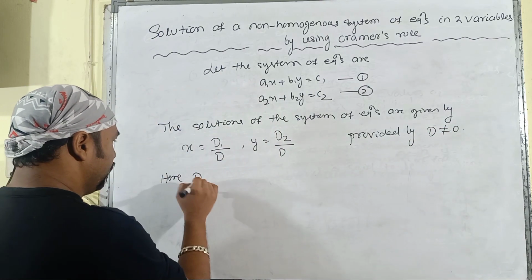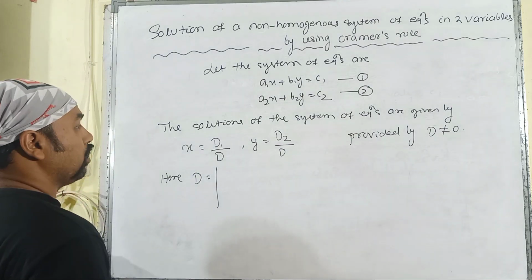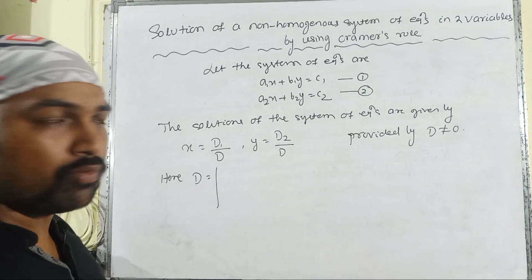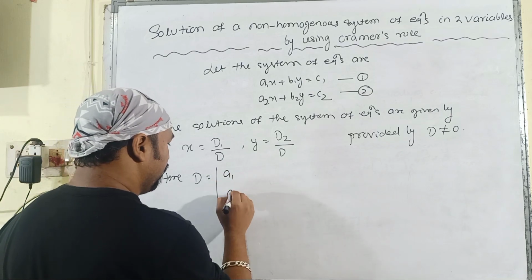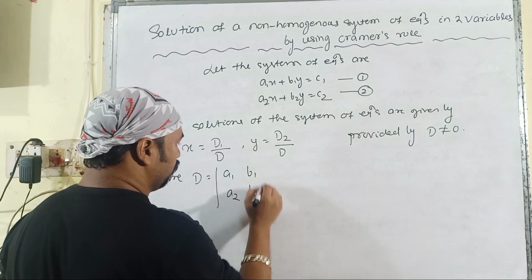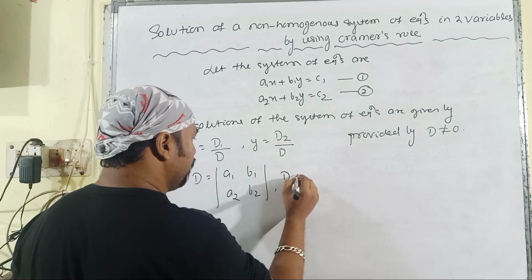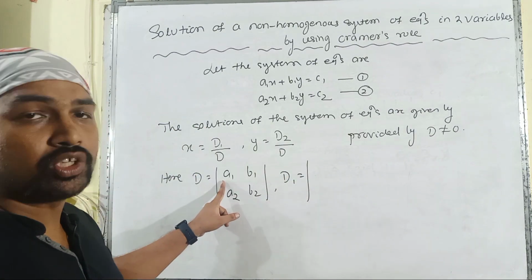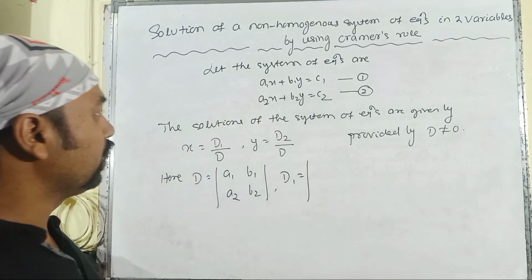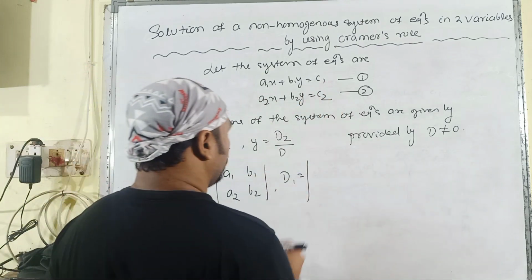Here D is equal to the determinant of the coefficients of the x variable and y variable in the column manner: a1, a2, b1, b2. Similarly, in case of D1 we have to replace the coefficients of the x variable from the two equations with the constants.